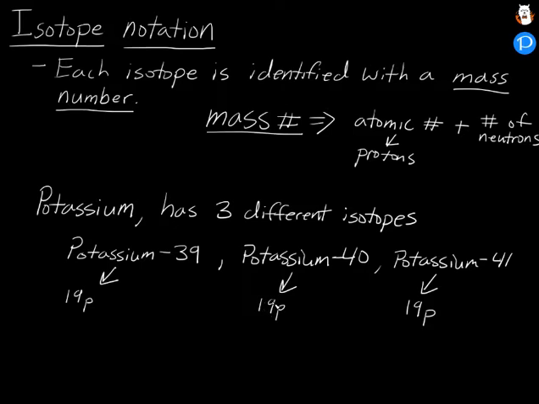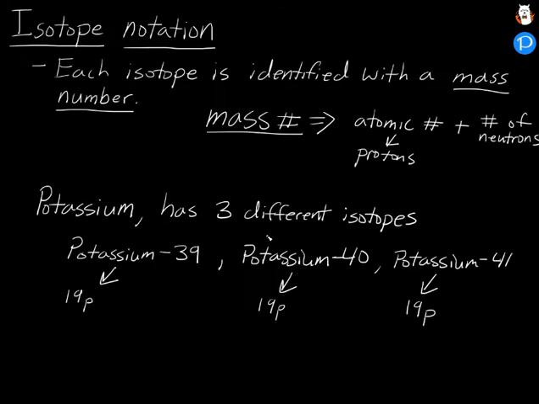If I were to take one of these protons away, I wouldn't be potassium anymore. Let's see, what is number 18 on the periodic table? Number 18 is argon. If I were to add a proton and have 20 protons, I would become calcium. So the number of protons is what determines what element you are.